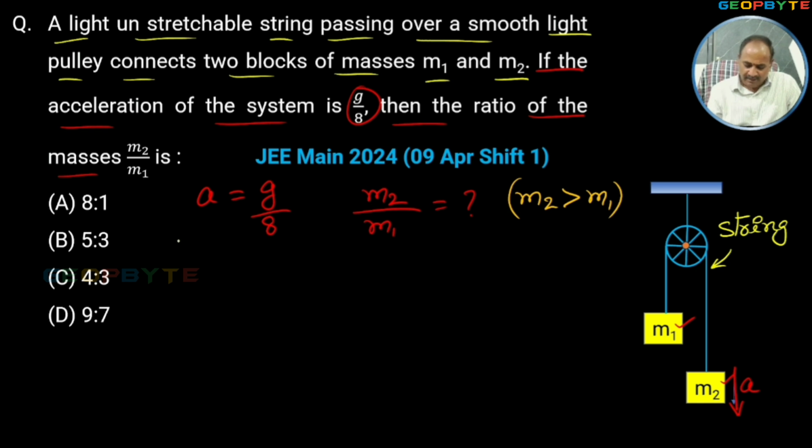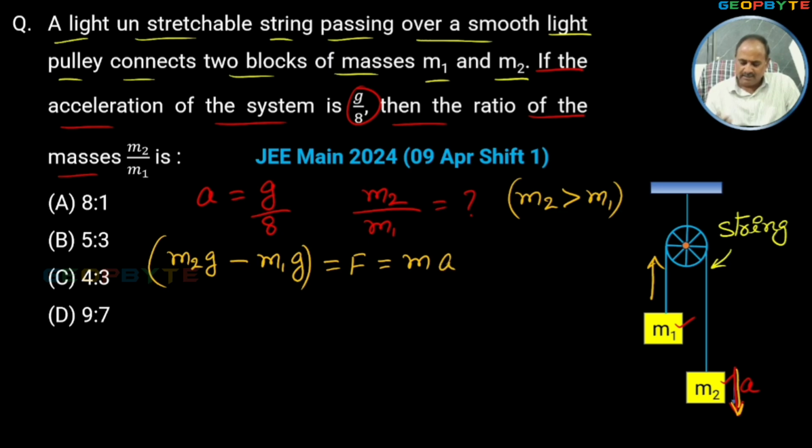Here, the weight of m2 is m2g, and the weight of m1 is m1g. Since both weights are opposite, because m1 is going up while m2 is going down, the difference must be equal to the net force. That net force must be equal to mass times acceleration according to Newton's second law of motion. From this I can write that m2 minus m1 multiplied by g is equal to m times a.